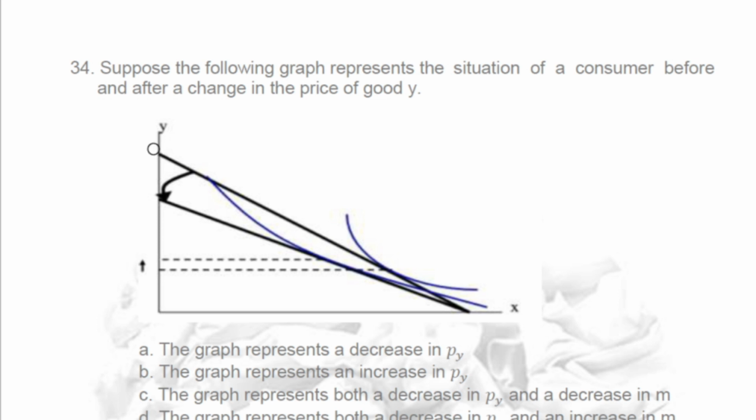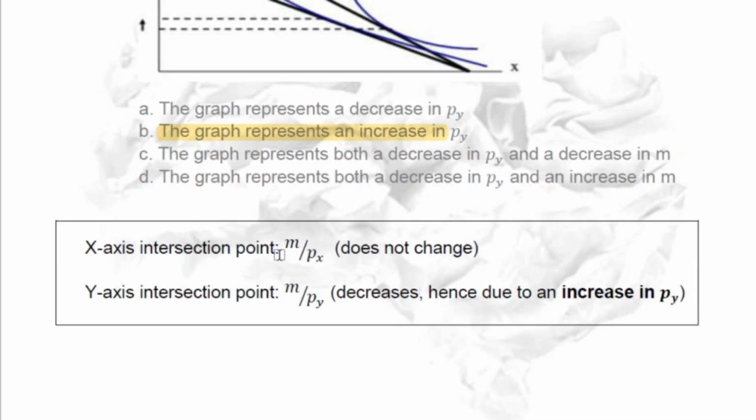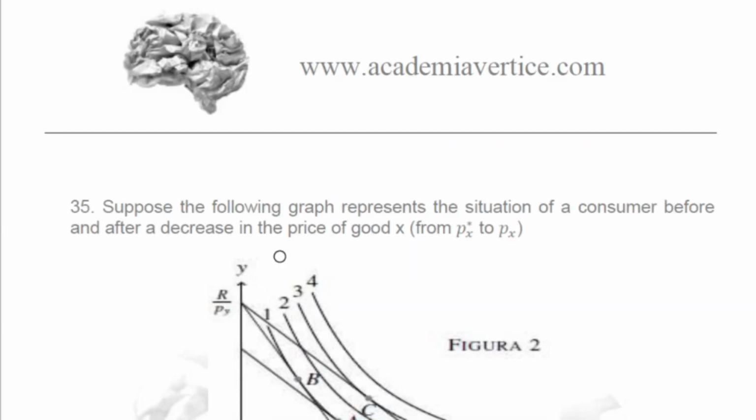As PY increases, M divided by PY decreases. So clearly, what we got is B. Well, these are the mathematical explanations, but it should be easy.